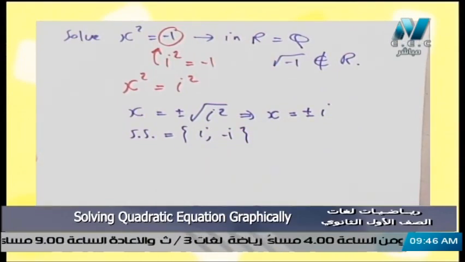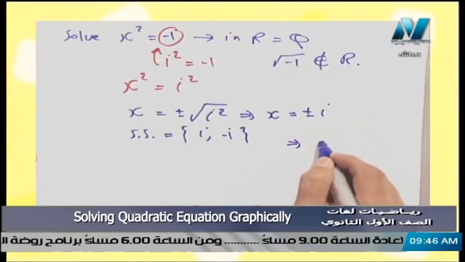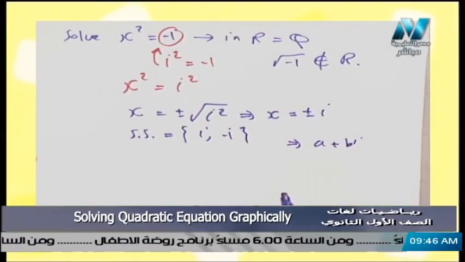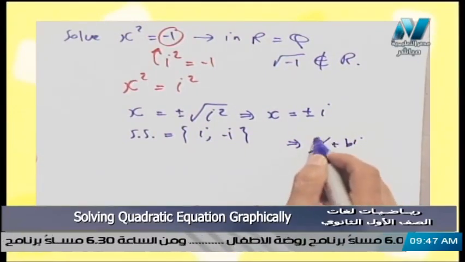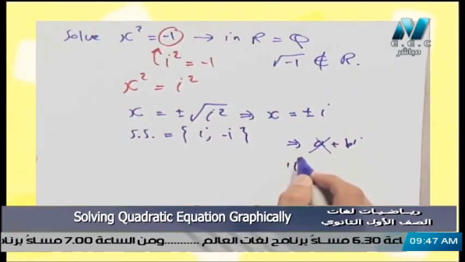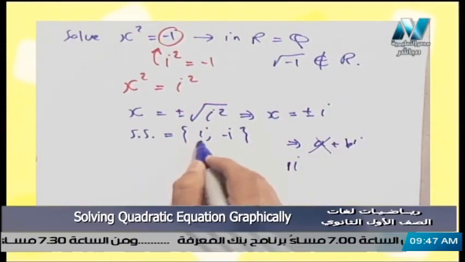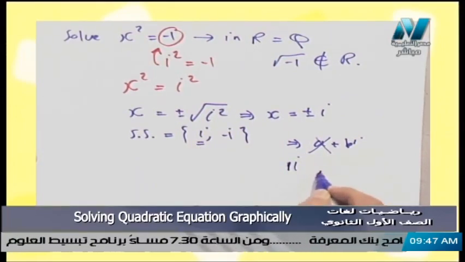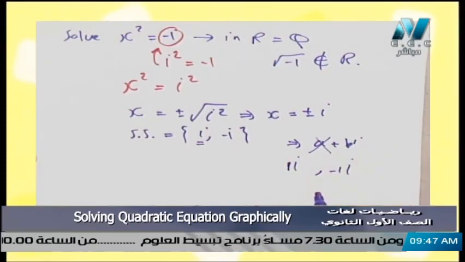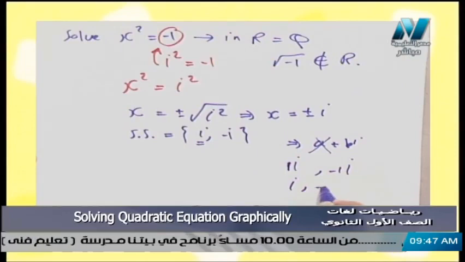You will ask me, what is i? We said about the complex numbers a plus bi. Here a is 0, b is 1, so it's 1i. So the first solution is 1i, and the second one is -1i. But we don't write 1 or -1, so it's i and negative i.